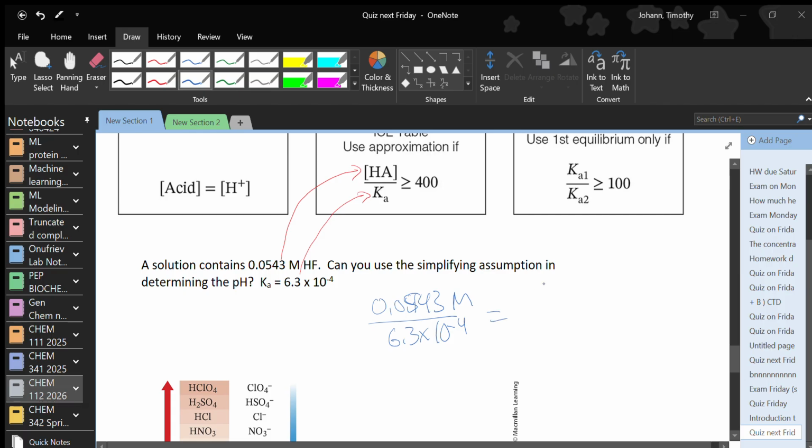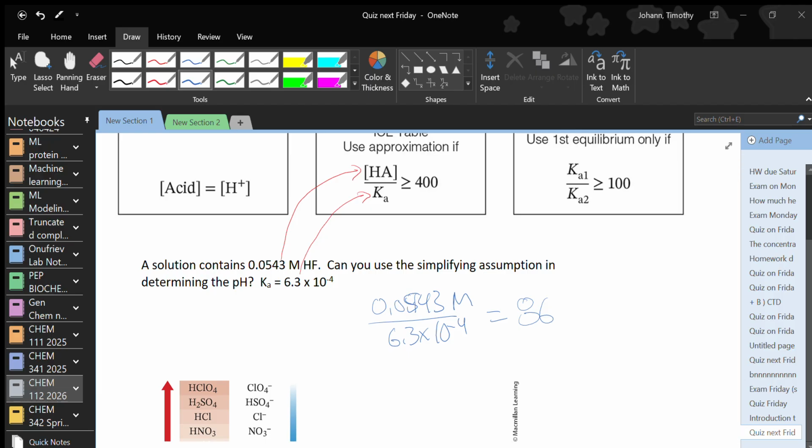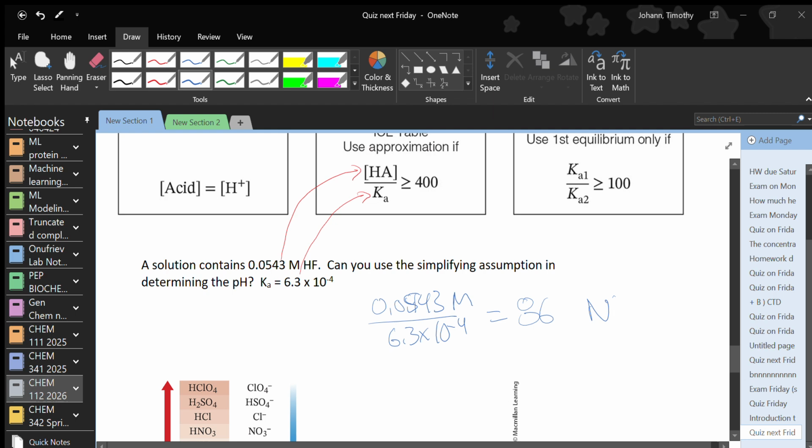If I put that in my calculator, I get 86. Can I use my simplifying assumption here? No, I cannot, because it's not 400 or greater. So put a big red no.